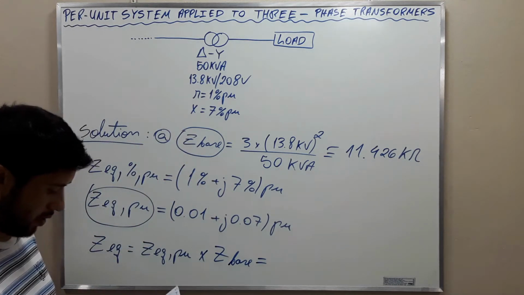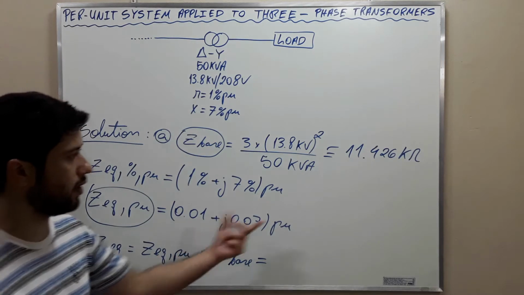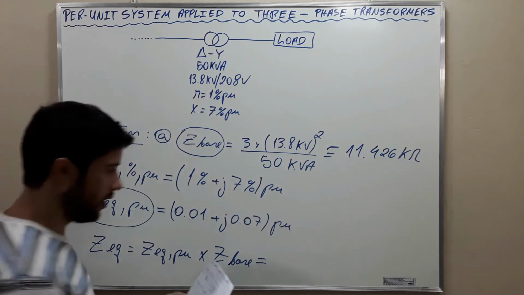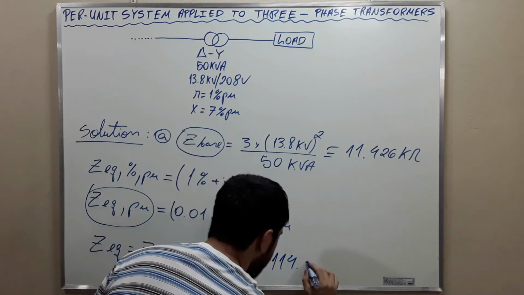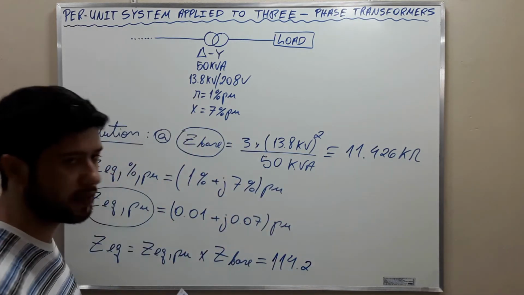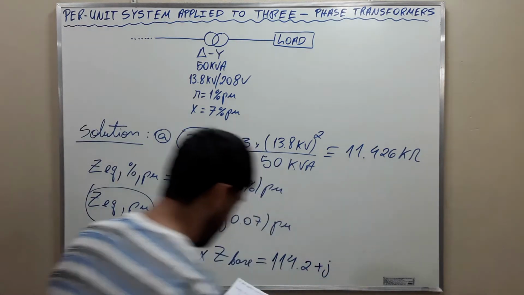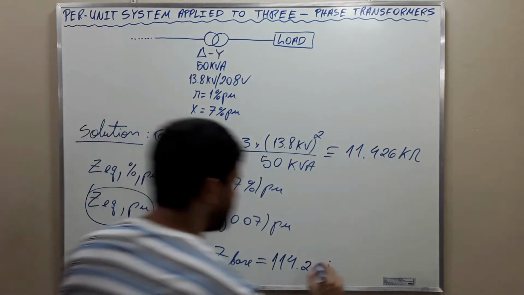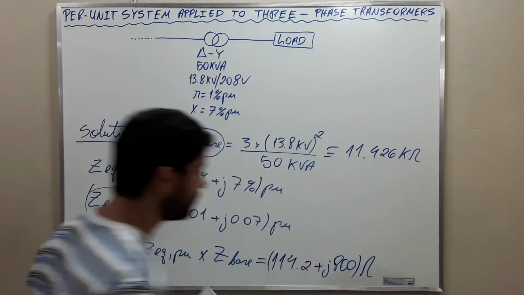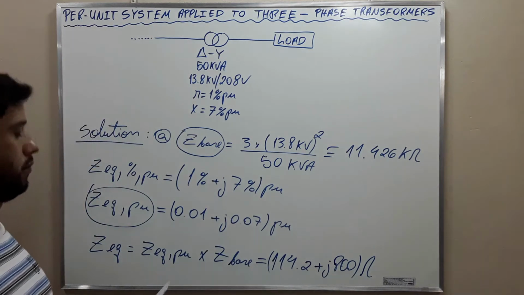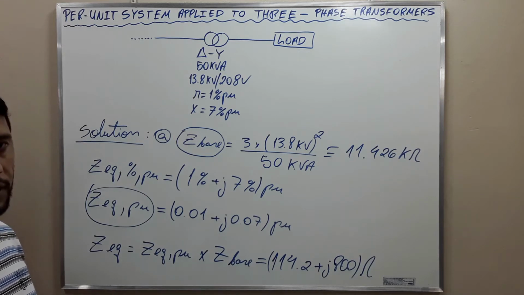Just multiply this by this. We find 114.2 plus J 800. So this is the response of letter A.